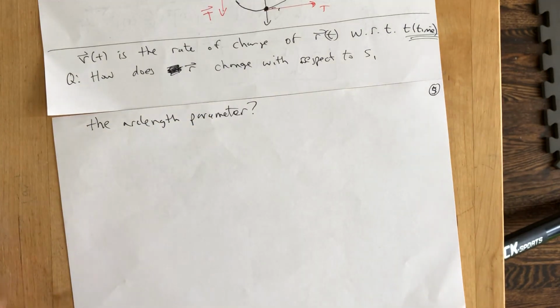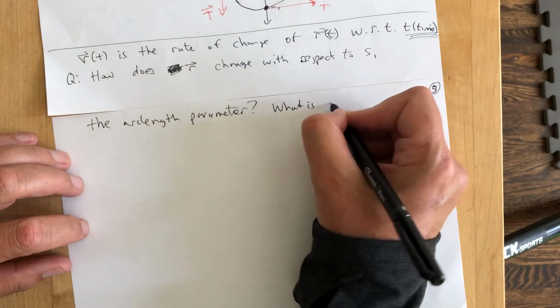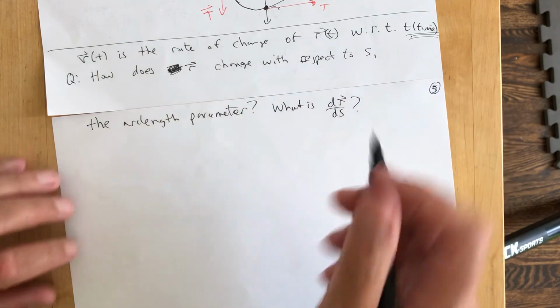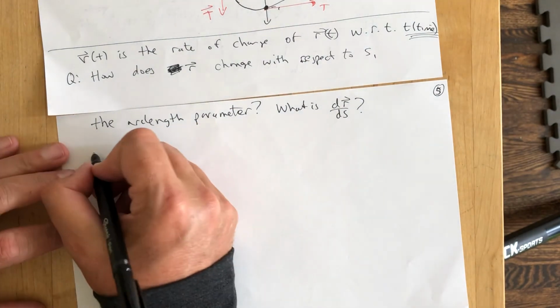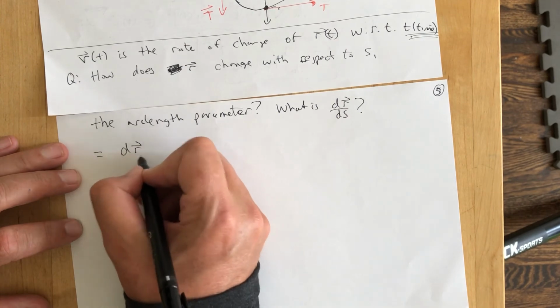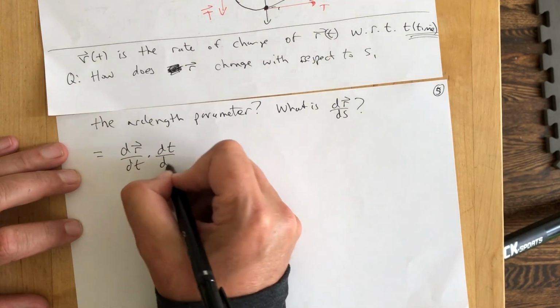In other words, what is dr/ds? Using the chain rule, dr/ds is going to be dr/dt times dt/ds.